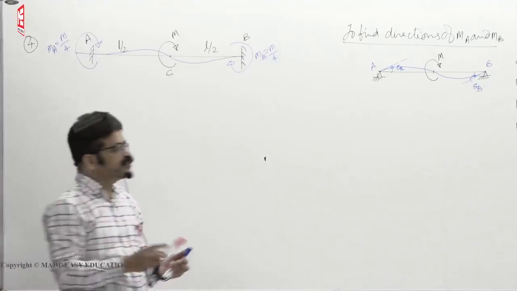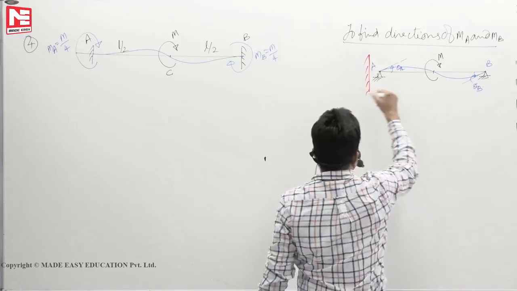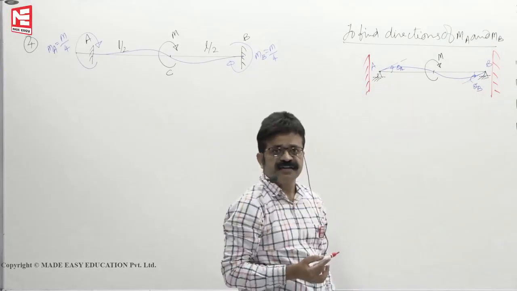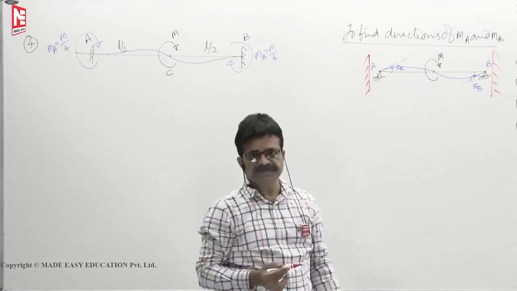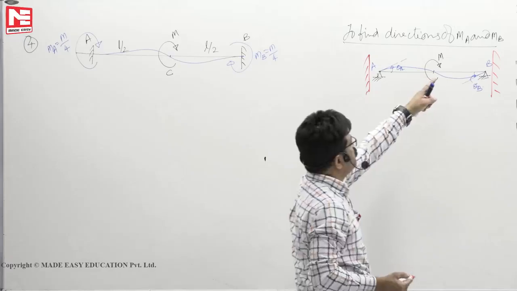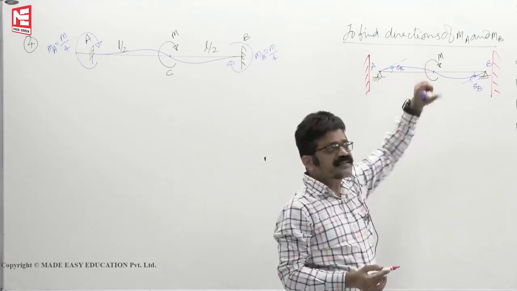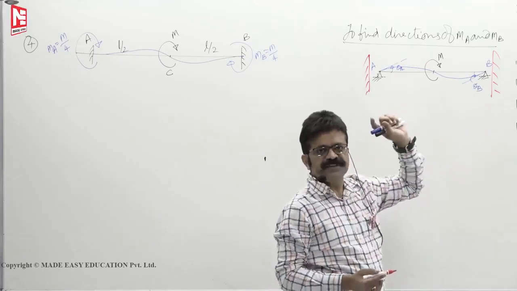Now what the fixed supports must do: this is a fixed support here, fixed support here. What is its task? Its task is not to balance M, but to make the slope 0. Since you applied clockwise, if the reaction is anti-clockwise, then theta A will increase. But actually the purpose is to make the slope 0.